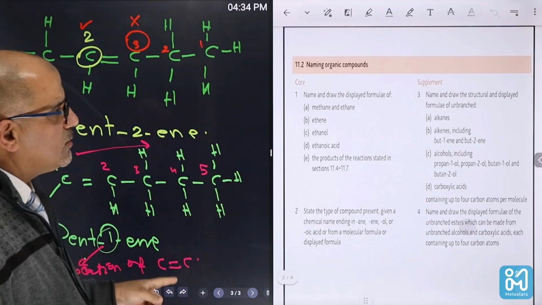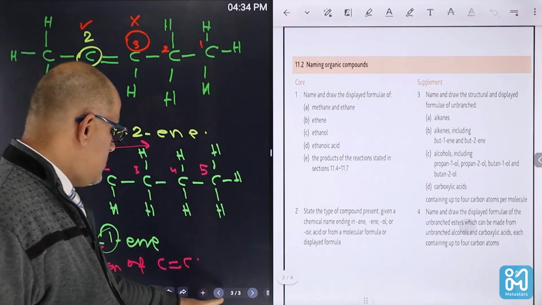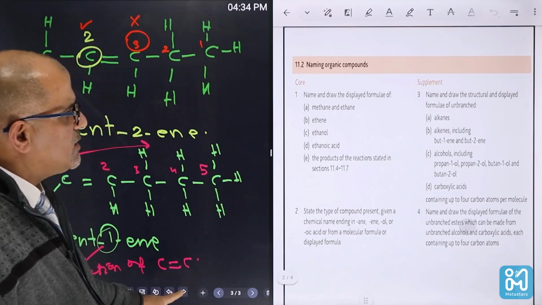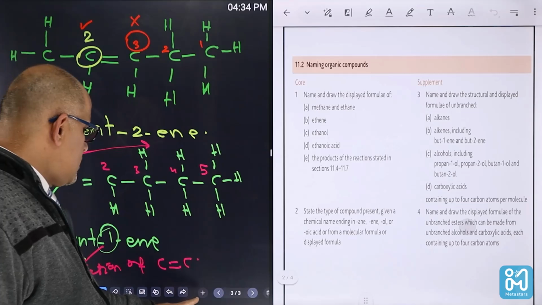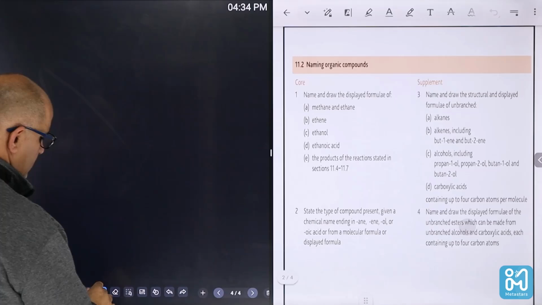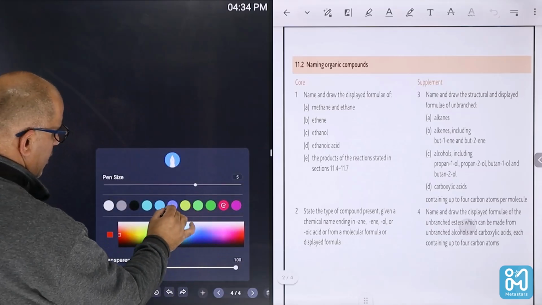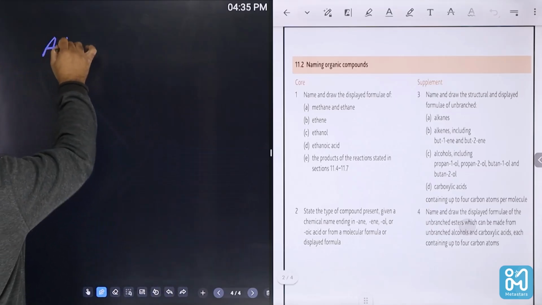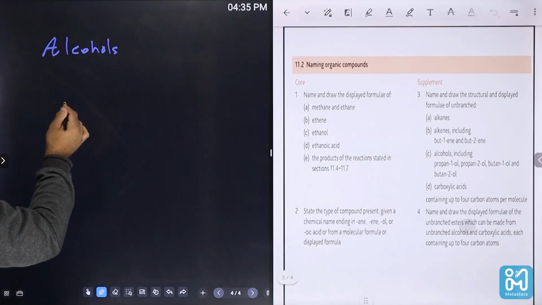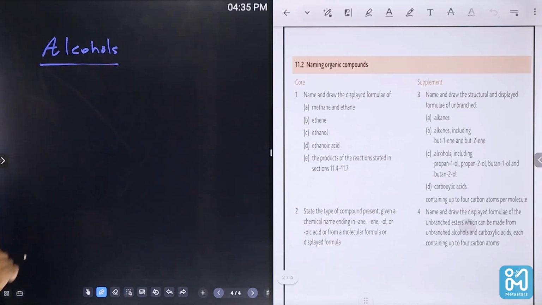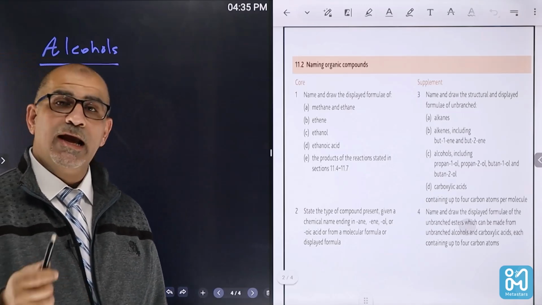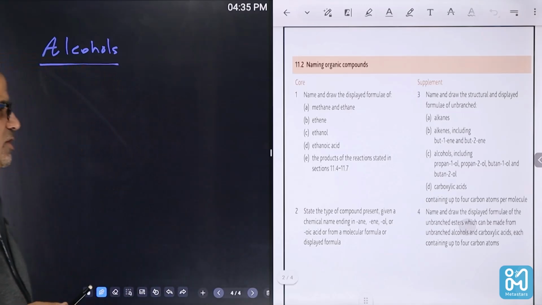Now for some alcohols, we can start naming some alcohol structures from 1 to 4 carbons. Let me remind you, alcohols are named according to the same rule, according to the number of carbon atoms and according to the functional group.